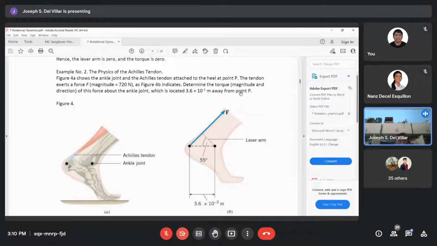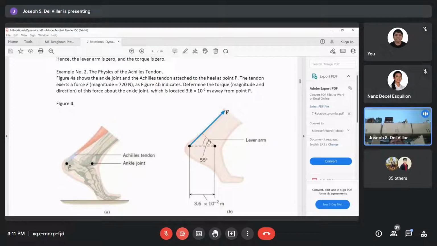So determine the torque, magnitude, and direction of this force about the ankle joint. So what is the torque produced by this Achilles tendon force with respect to the ankle joint? So ibig sabihin yung ankle joint, yun yung axis of rotation. Okay? So if this is the force, we drop a line perpendicular to the line of action of the force connecting the ankle joint.